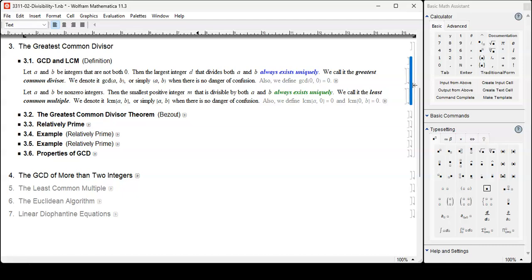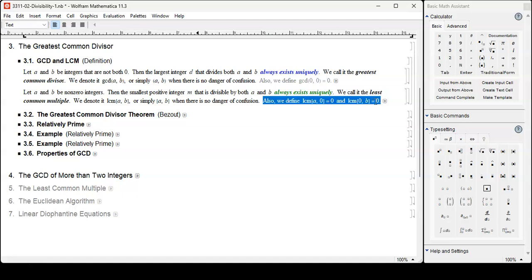And finally, the trivial case for LCM, when one of them is 0, let's not consider those.